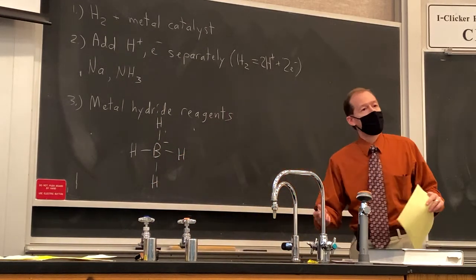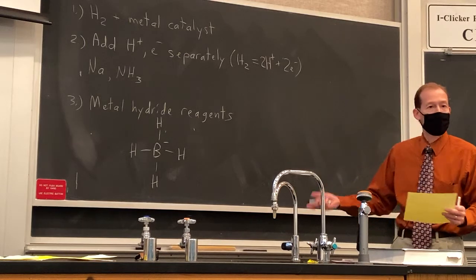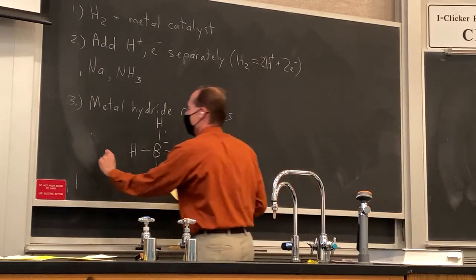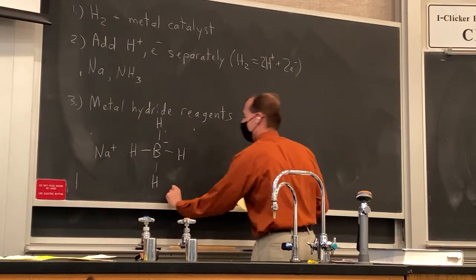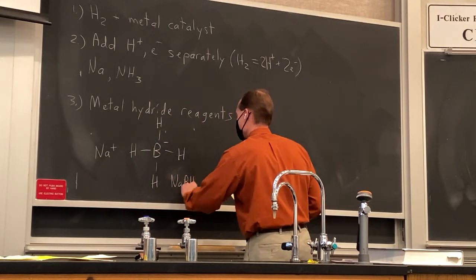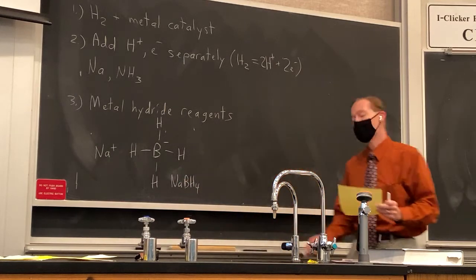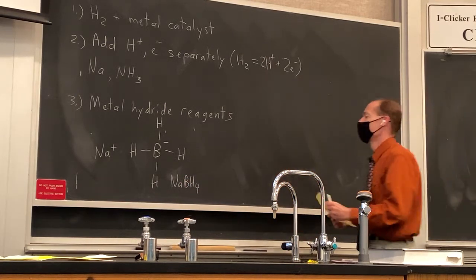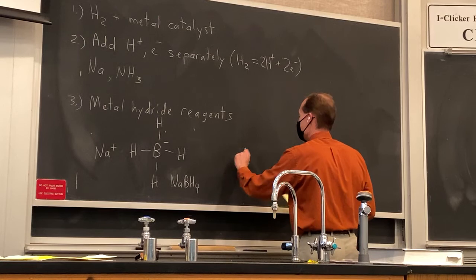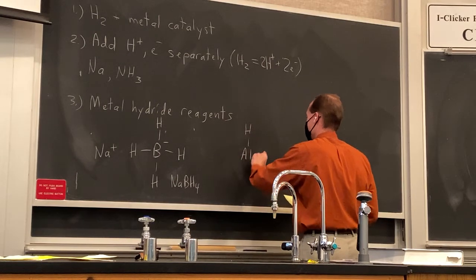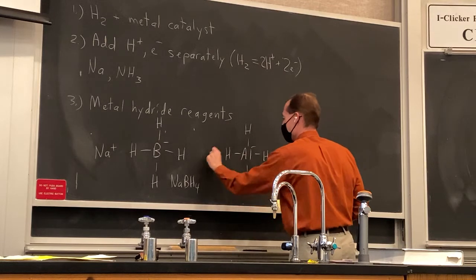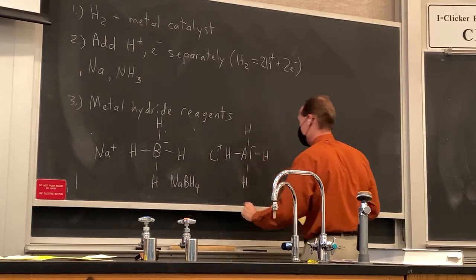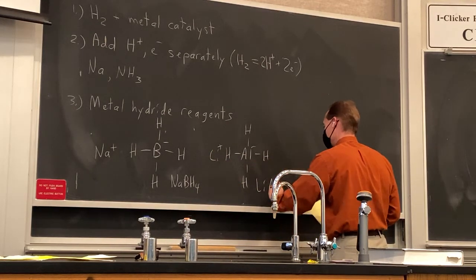So borohydride is a complex anion, BH4 minus, and then we need the sodium cation, sodium borohydride, and we just write the formula. Usually we write the formula as opposed to the Lewis structure, NaBH4. And then we have lithium aluminum hydride, which looks like this.